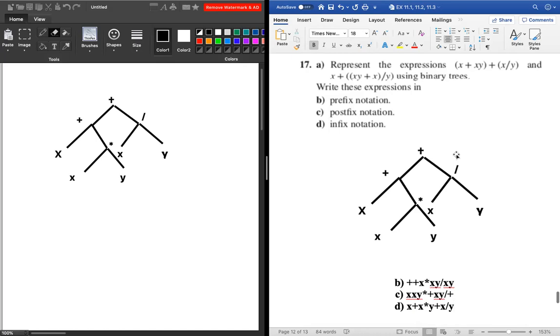Okay, so this is how you do the prefix traversal, postfix traversal, and infix traversal of the different trees.